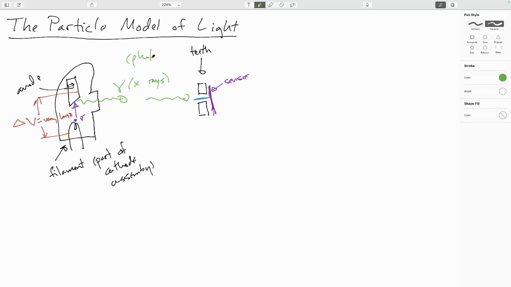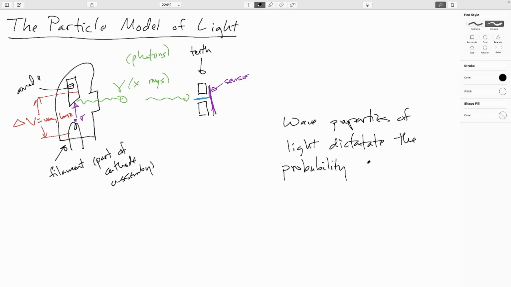So what we saw before is that even though here we can very reasonably talk about each individual photon flying out, it's still the case that the wave properties of light will dictate the probability of where you will detect a photon.